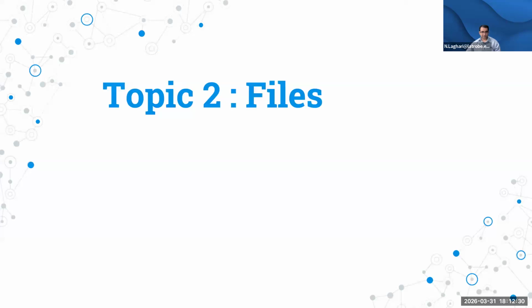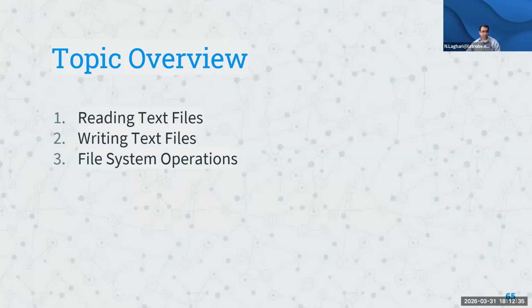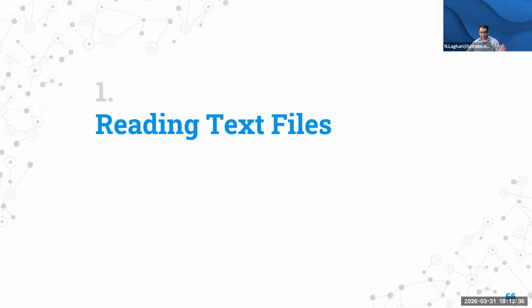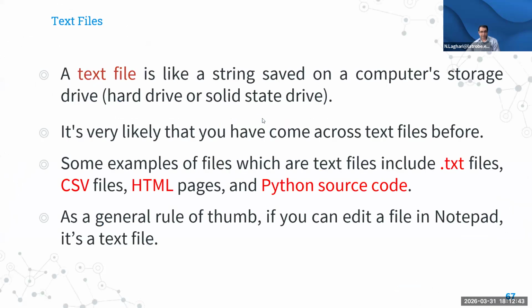Okay, now topic 2 is files. We have done a little bit of filing in our lab last week when we read from files. When we say filing, we want to refer to text files. We can even read from CSV files or HTML files and other files.